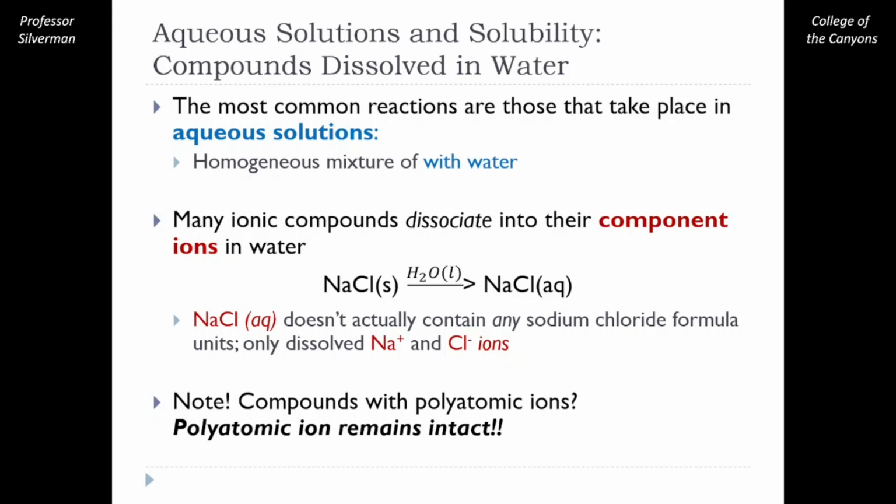Note here, it is the ions that are separated. If you have polyatomic ions, those polyatomic ions are still grouped together, moving around, bonded together as a group. They're just separated from whatever other ion they had been attached to.